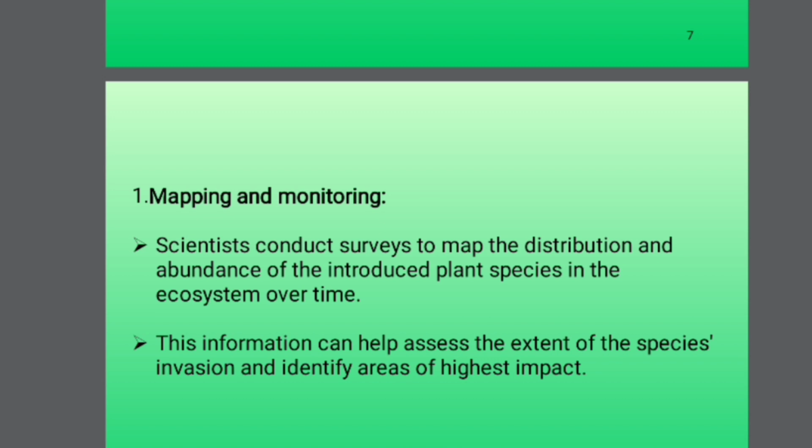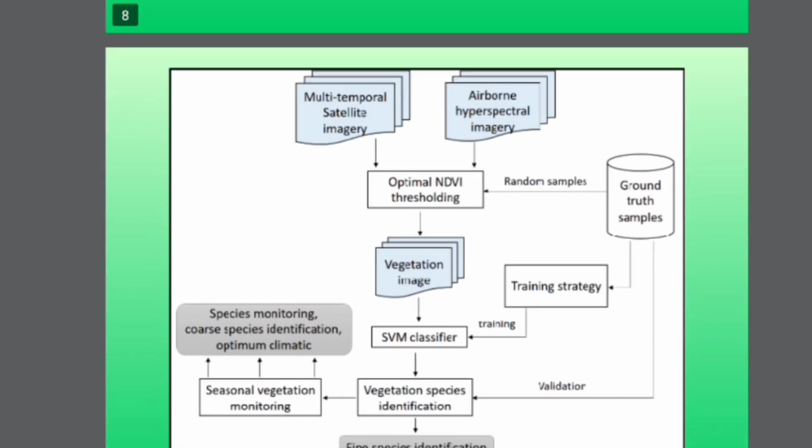This information can help to assess the extent of the species, identify the areas, and study their highest impact on the native ecosystem. So the first method is mapping and monitoring.